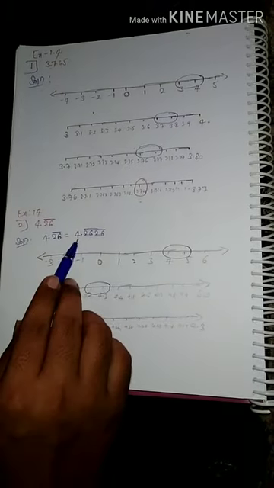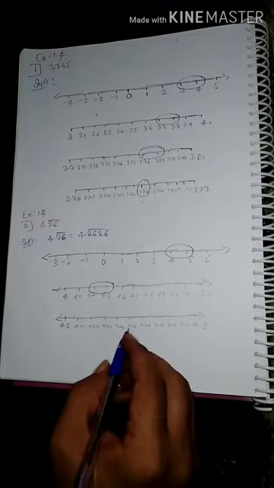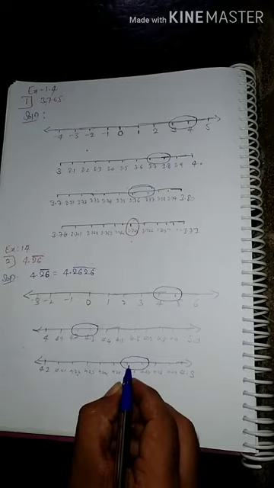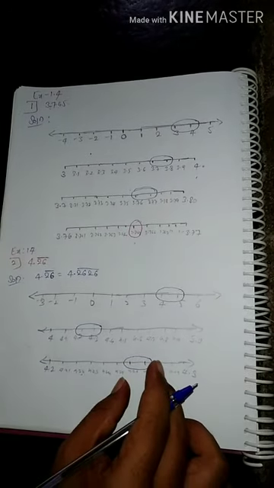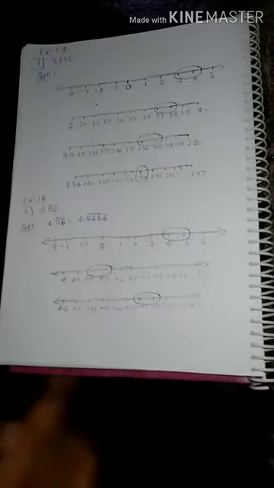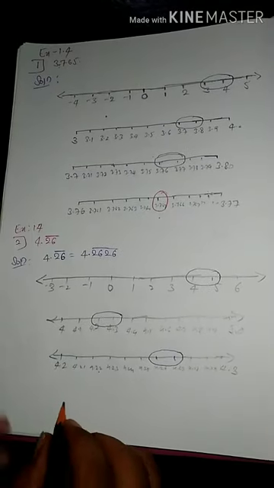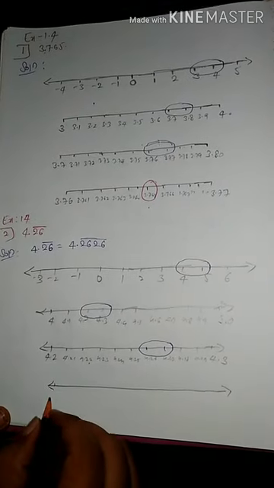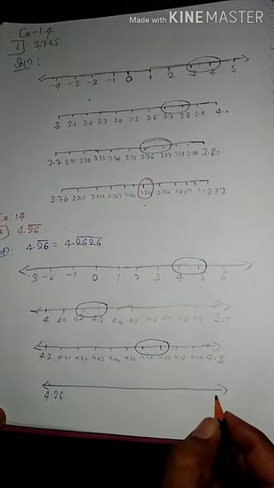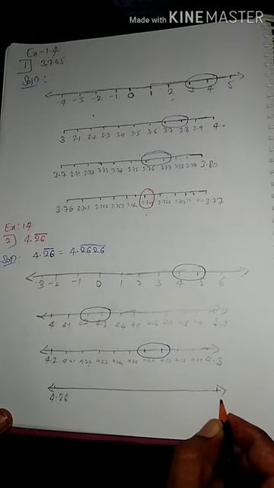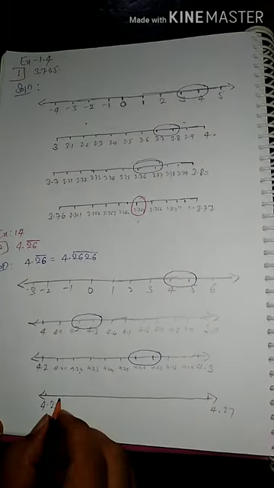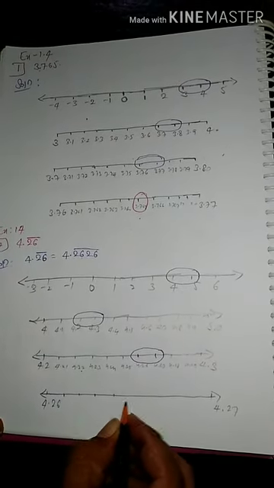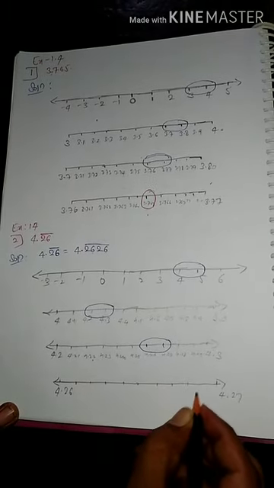Students, see here, 4.2626 again lies between 4.26 and 4.27. Again 4.26 and 4.27 divide into 10 equal parts: 1, 2, 3, 4, 5, 6, 7, 8, 9.